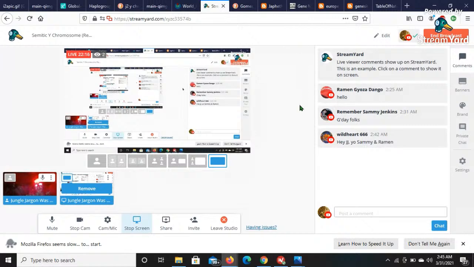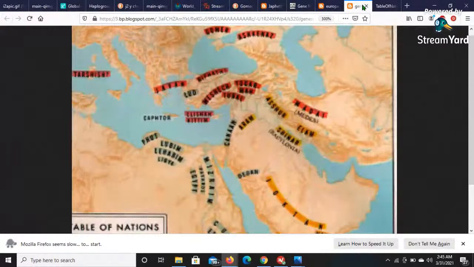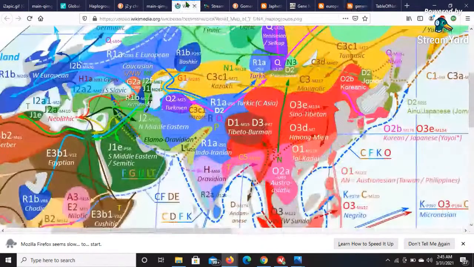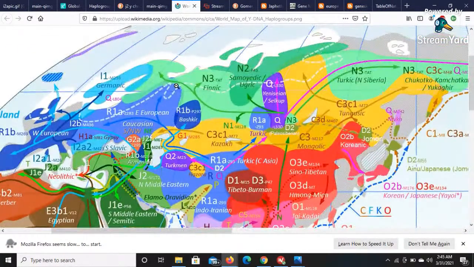The Q and the R, I'm guessing, would be Gomer, Meshach, Tubal, Meshach, because the only groups are the N's and O's. The N's and O's are together. That's one group.